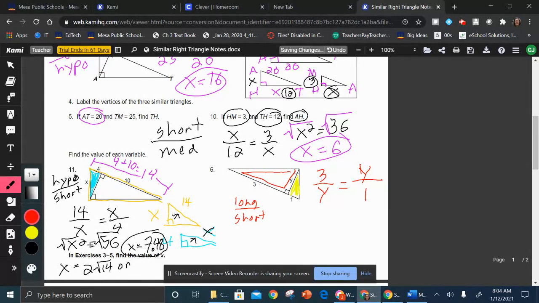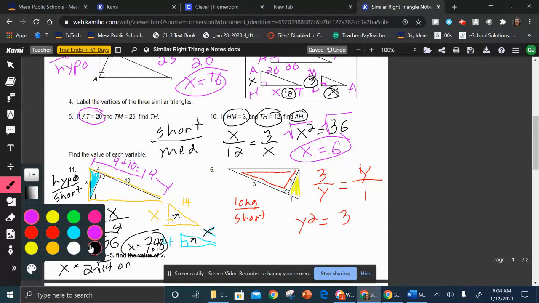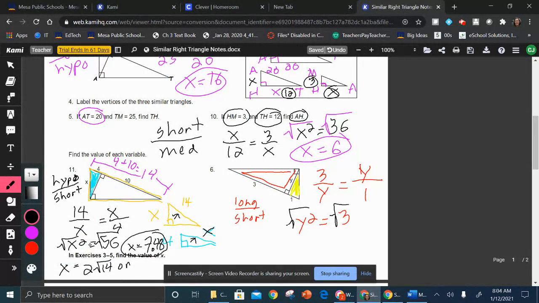We get y squared is equal to 3. Take the square root, and we get y is approximately 1.73. Okay, everybody, you got this.